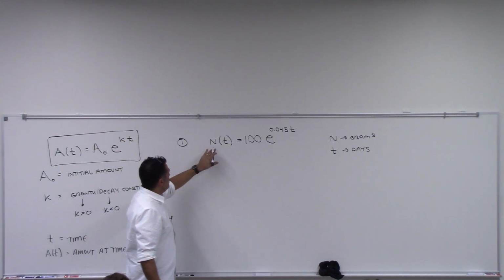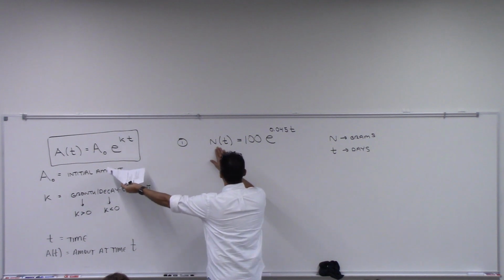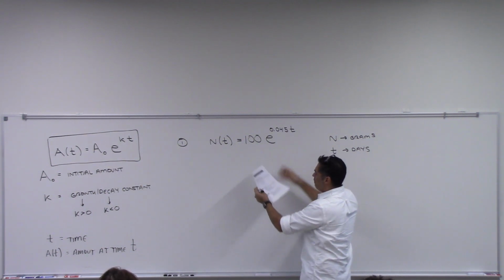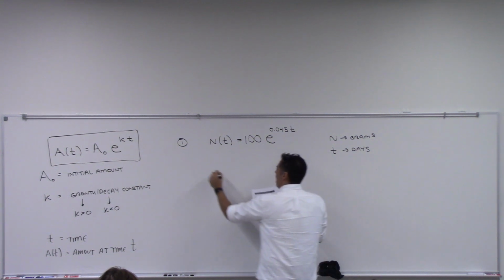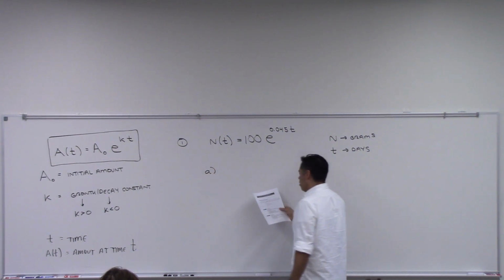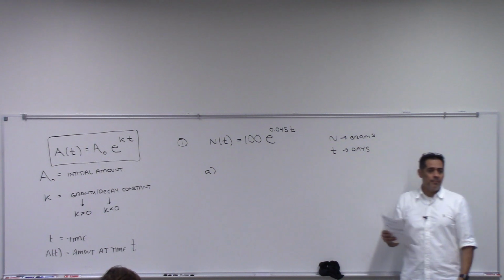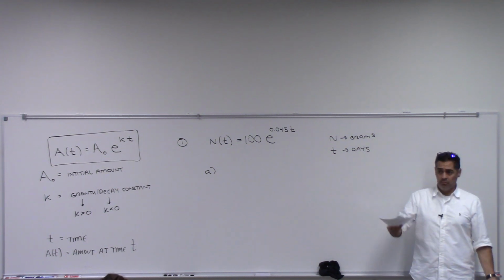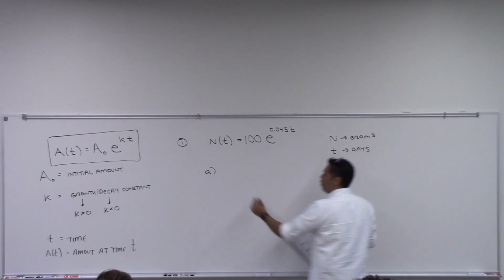So do y'all see that this is exactly this, right? Now, they've given us some information, so let's look at part A here. Part A says, determine the initial amount of bacteria. So can you tell by that formula what the initial amount is? 100, right? 100 what?